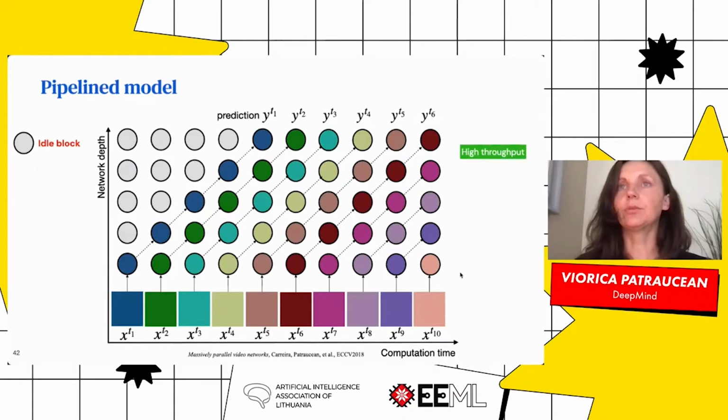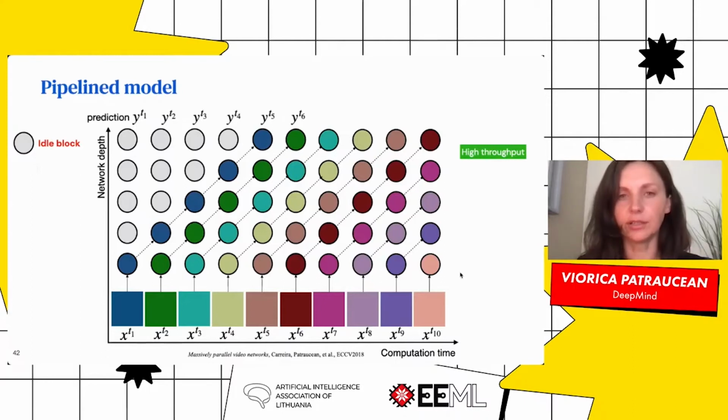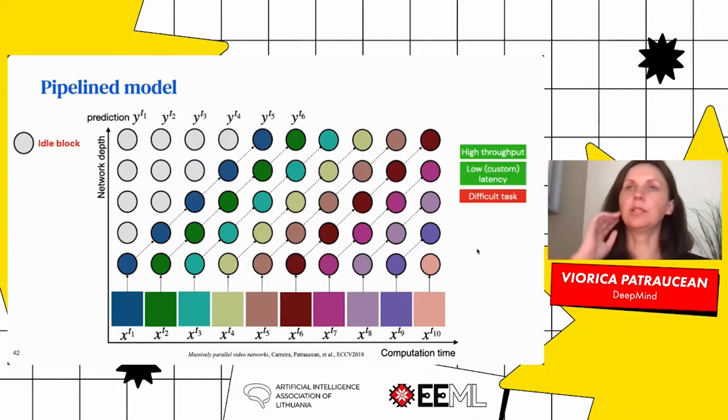The change in connectivity only improved the throughput part. To actually deal with the latency part, we are changing the learning loss. We're forcing the network to make predictions before processing that frame fully. So basically, predicting the future. Of course now we have a low latency, and importantly, this becomes a knob that we can turn.